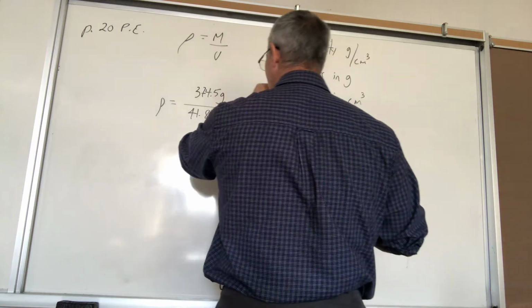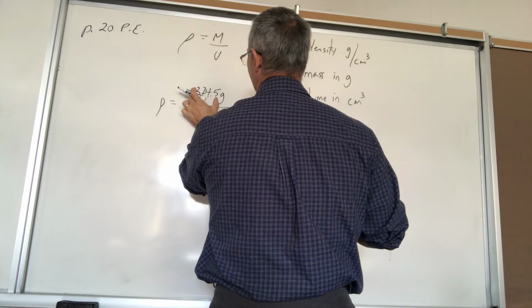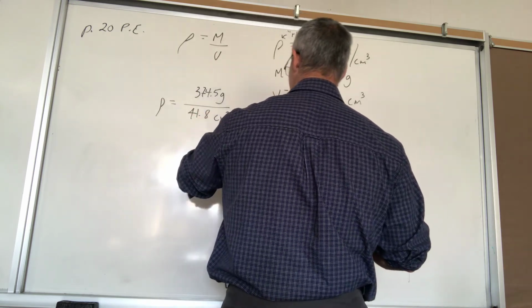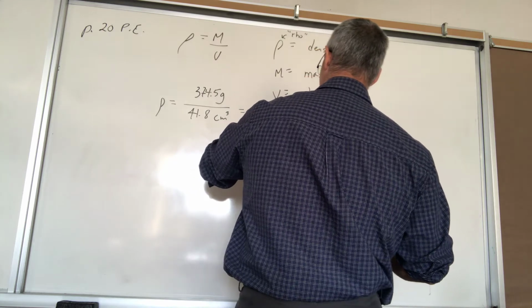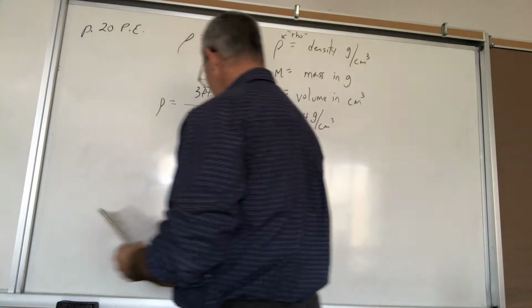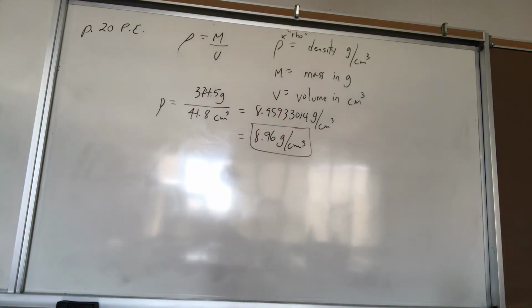We're going to round it to 3 significant figures because there are only 3 numbers in one and 4 in the other, so the most accurate number we can use has only 3 numbers. So we say 8.96 grams per centimeter cubed as our final answer. That's called using significant figures, because it makes no sense to write an answer with 10 numbers in it when the numbers you used to calculate it only had 3.